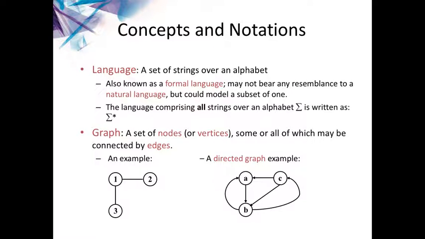Now, let's talk about graph theory a little bit. We all know what graphs are by now. They're nothing but nodes that are being connected with what we call edges. And the graphs can be directed graphs or undirected graphs.